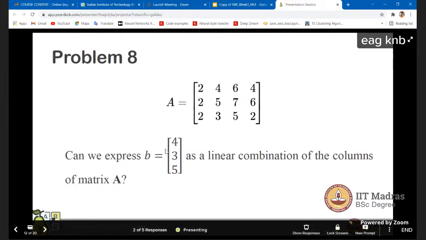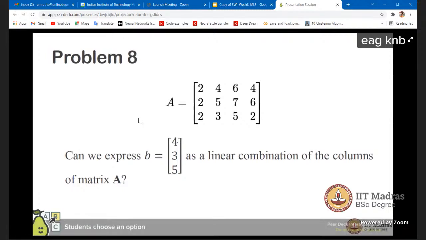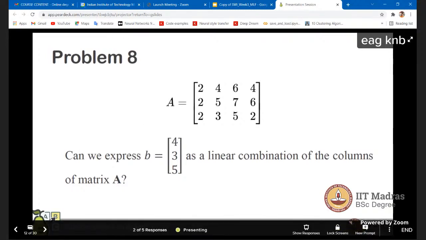We have got 2 responses. We can take 2 more minutes to solve this.